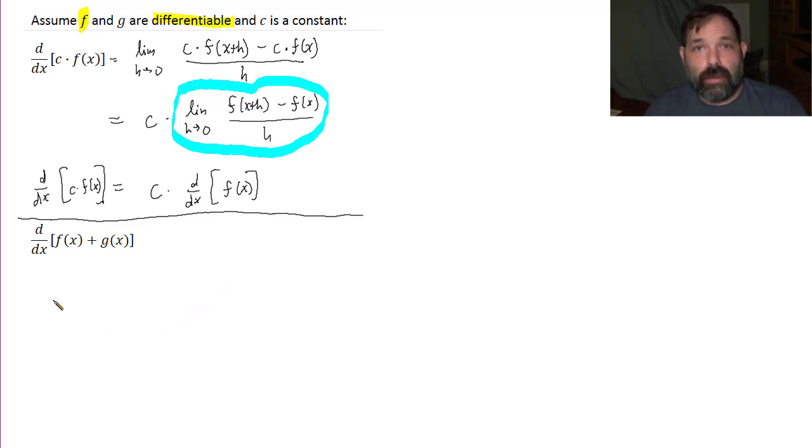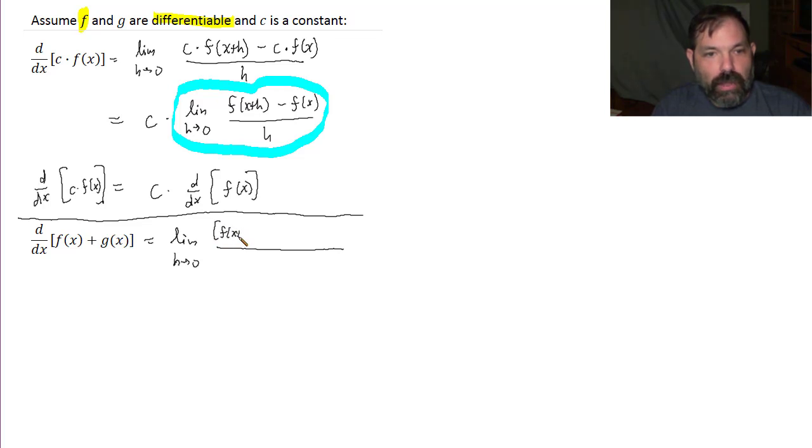What if we are adding functions that are differentiable? All right, well, we're adding functions that are differentiable and we want to calculate the derivative. Okay. Limit h approaching 0. This would then be f of x plus h plus g of x plus h minus quantity f of x plus g of x.